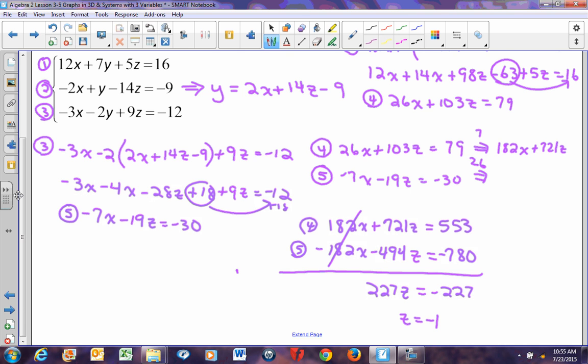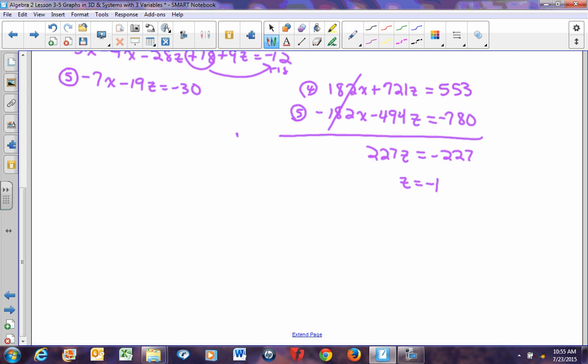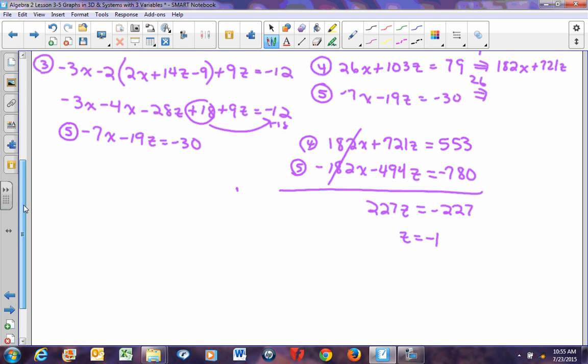So let's go back to equation number 4, which I multiplied by 7. Equation number 4 says 26x plus 103z equals 79. So 26x minus 103 equals 79.